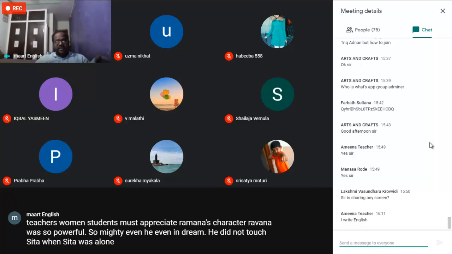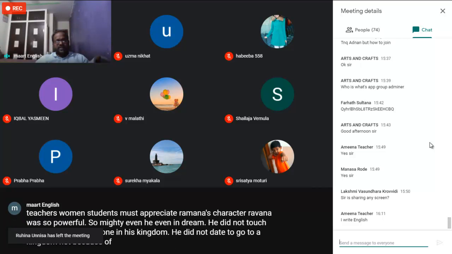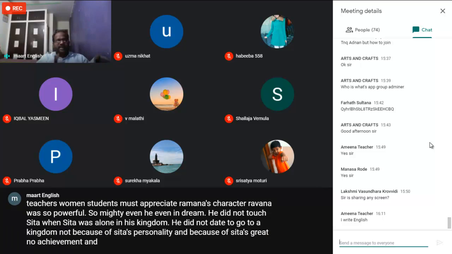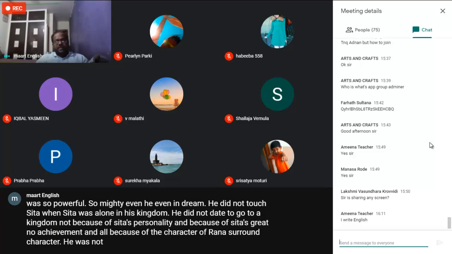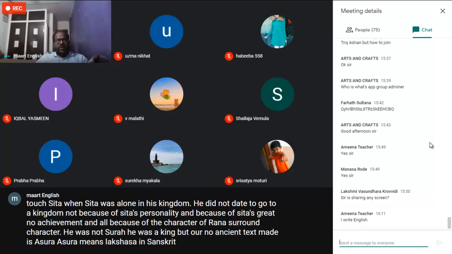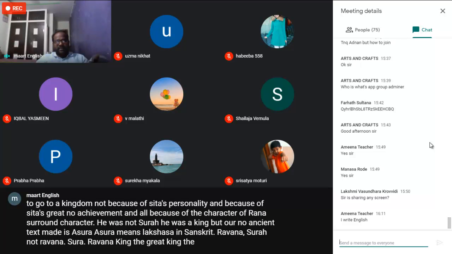In his kingdom, he did not dare to go to her, not because of Sita's personality or great achievement, but because of the character of Ravana. He was not a Sura, he was a king, but our ancient texts made him an Asura. Asura means Rakshasa in Sanskrit. Ravana, the great king, the mighty king.